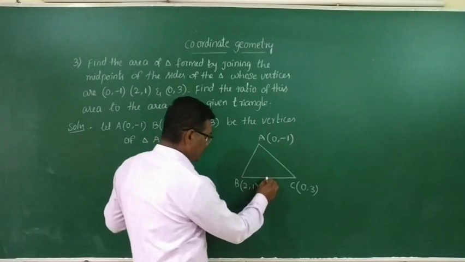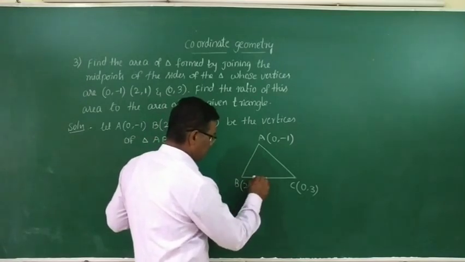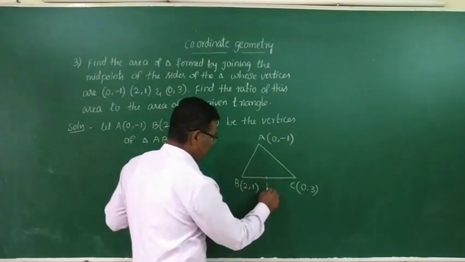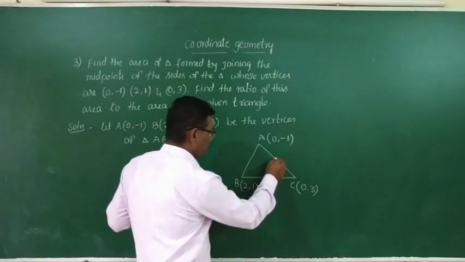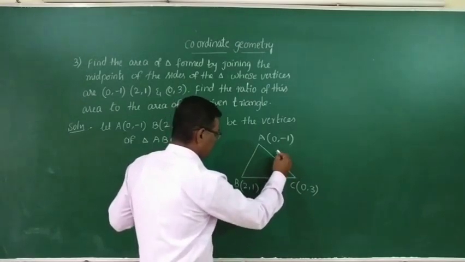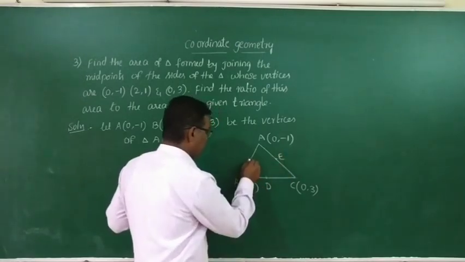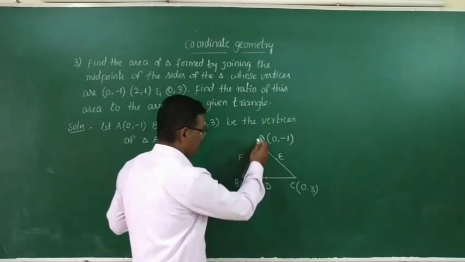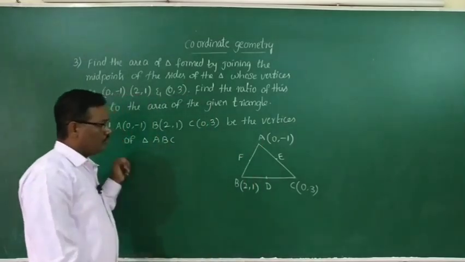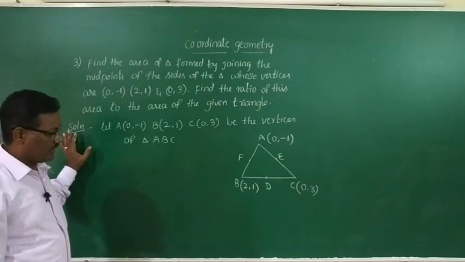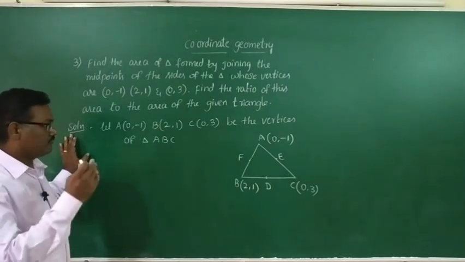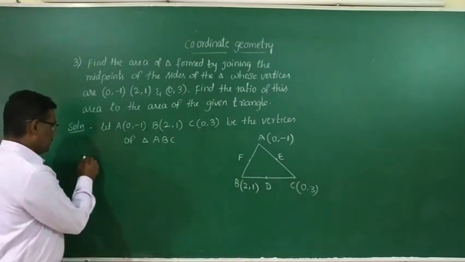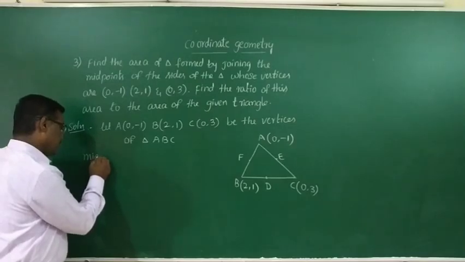I am going to take the midpoint of side BC as D. E is the midpoint of AC and F is the midpoint of AB. Now, how do we find the midpoints? Yes, I gave the midpoint formula in the earlier class.